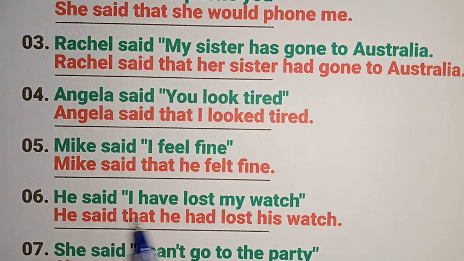He said, I have lost my watch. Then you can understand he talks about himself. He talks about some situation that he has faced. In other words, these are his own words.